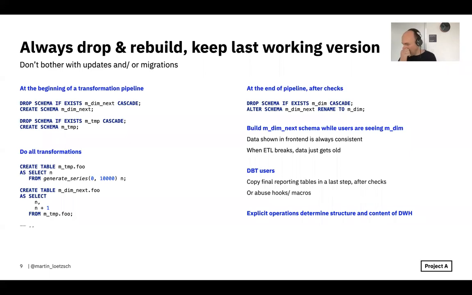This whole thing is also in line with the idea of functional data engineering: to not have side effects, and to always produce the same results on the same inputs. So running a pipeline means you recreate your schemas, create tables, and afterwards switch them out. You don't keep a history of previous stuff.